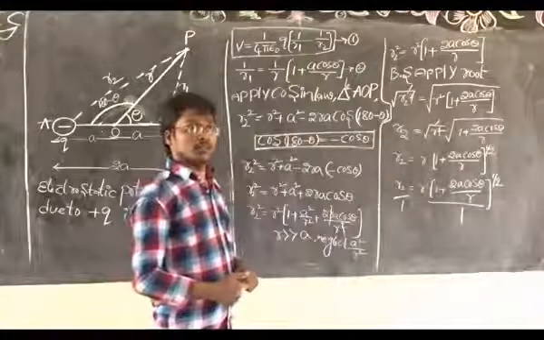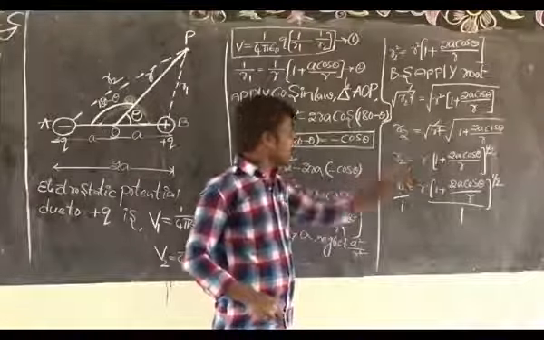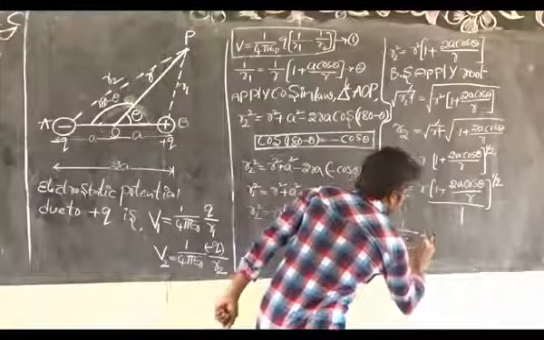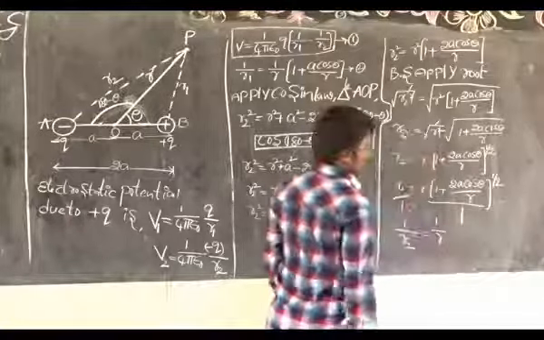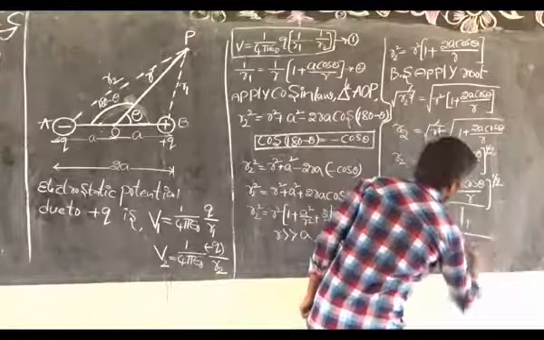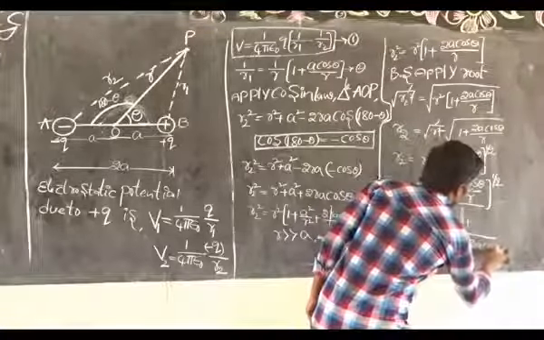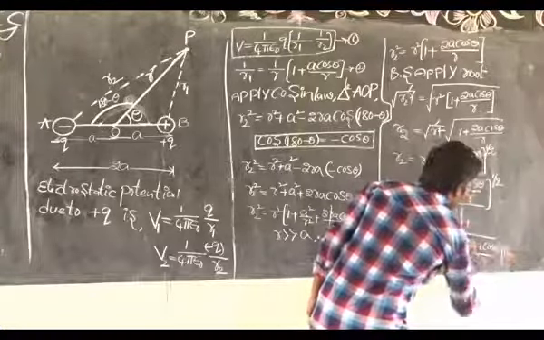After that again I am interchanging the denominator and numerator. So 1 by R2 is equal to 1 by R into 1 by 1 plus 2A cos theta by R whole power 1 by 2.